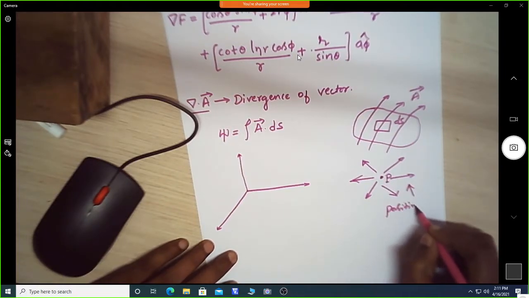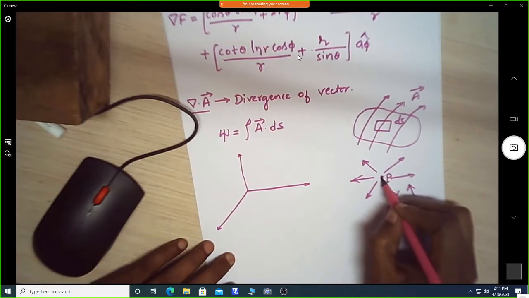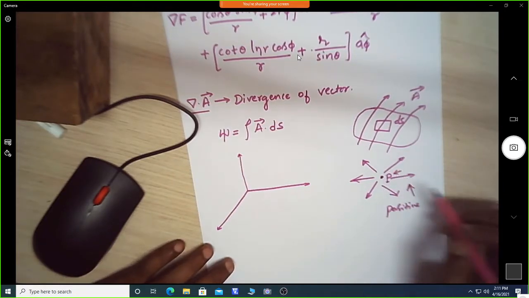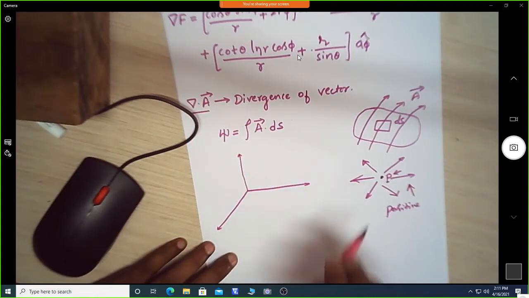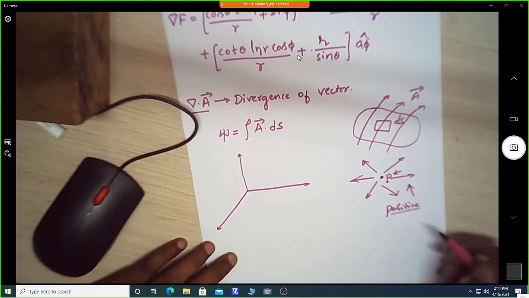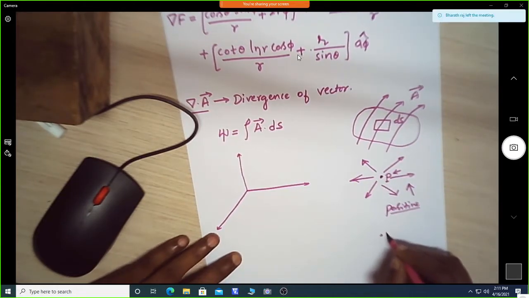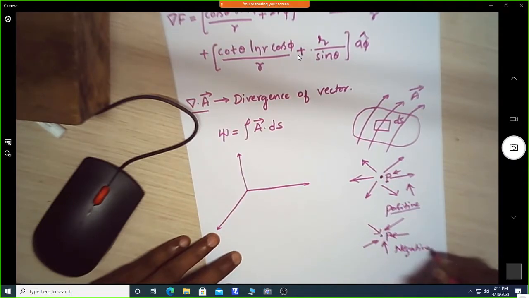If the vectors are flowing out of the source point, if I take this point as a source point, and the flow of vector A is outward from point P, we will call it positive divergence. If the vector is coming toward the source, then we call this negative divergence. Okay.